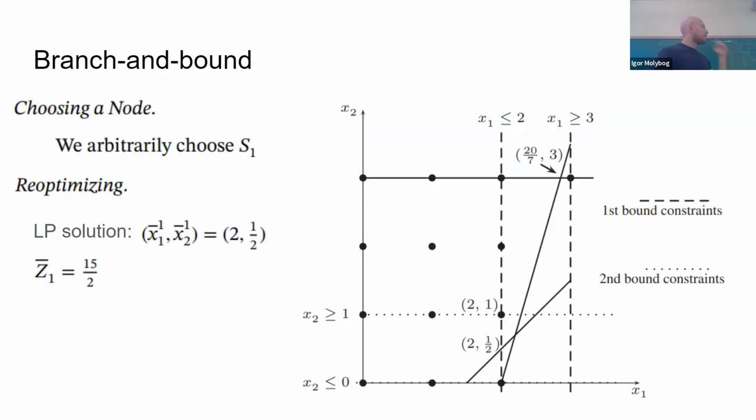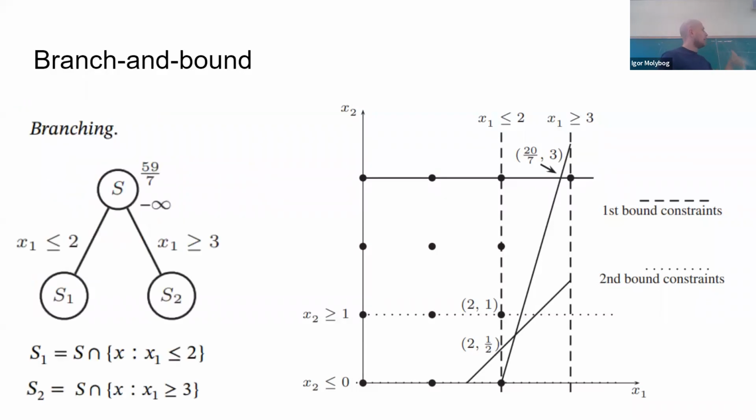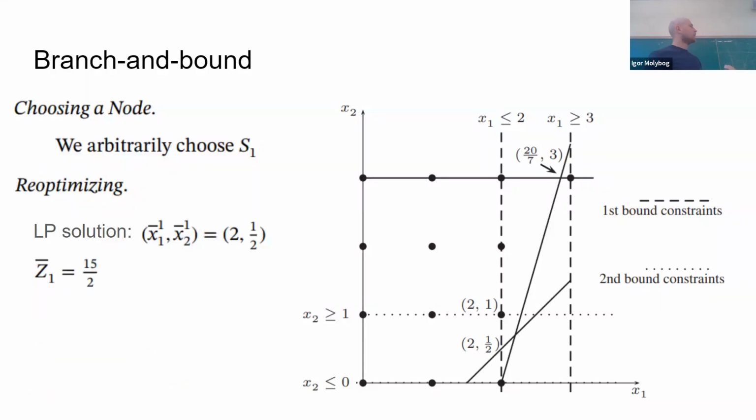After we have made the branching, we need to choose a node that we consider next. In most cases in practice, there is a specific rule for how you choose, and we have considered some of these rules. For example, a rule that makes you choose a node with the best upper bound or the best lower bound.